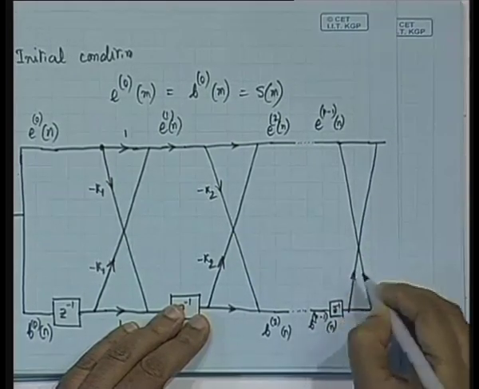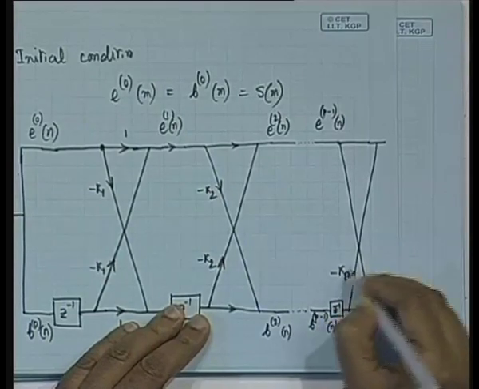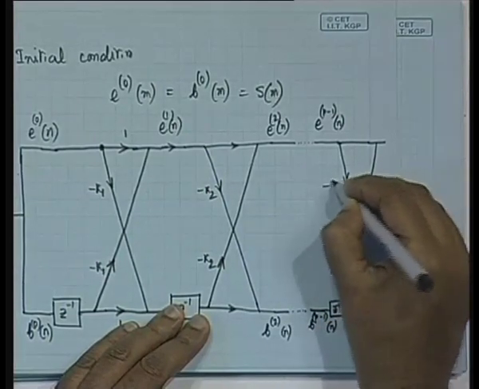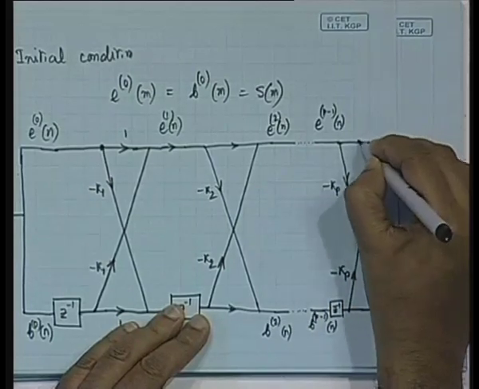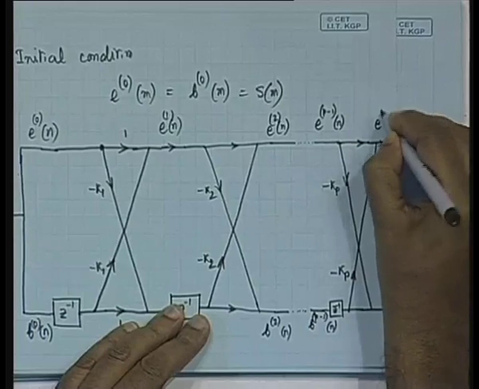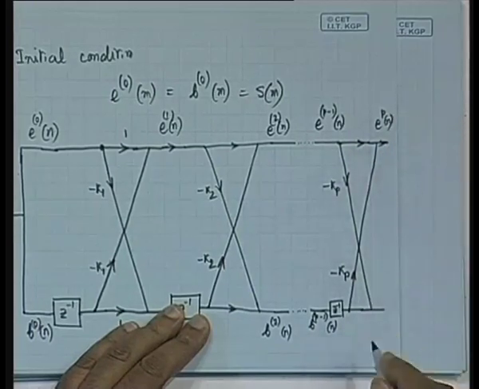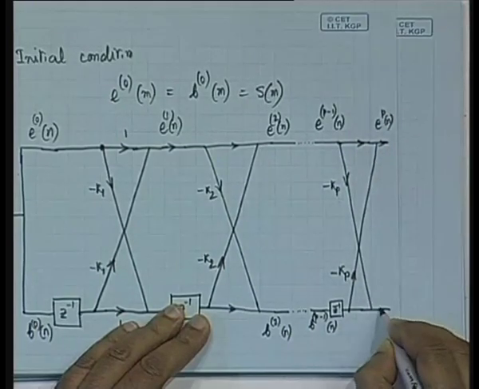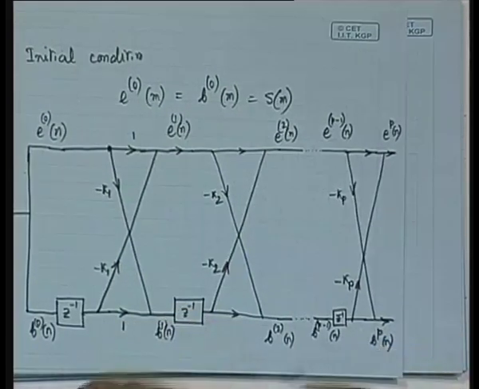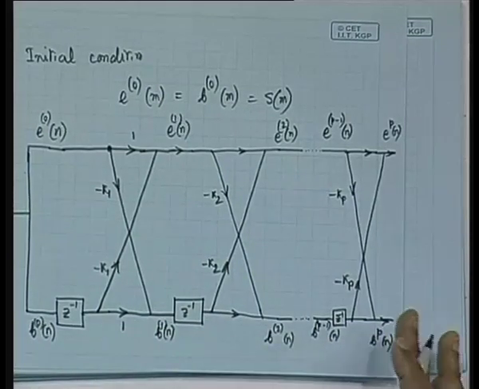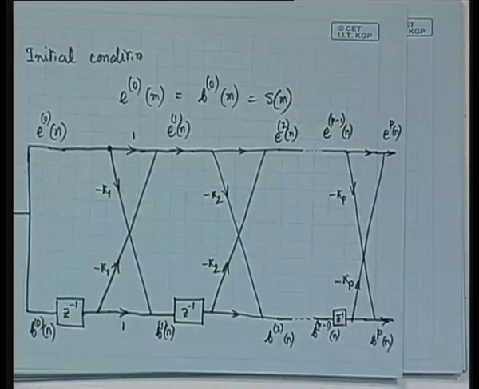This will be minus Kp, and this will be minus Kp over here, so that at the end you obtain Ep of n, and then Bp of n here. So here the filtering ends.